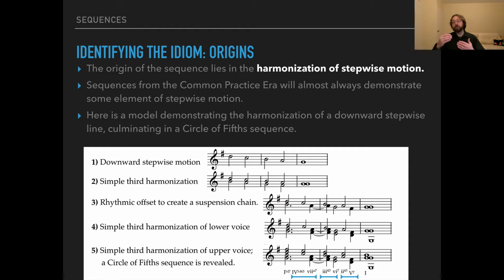Now, let's take those two lines that we've created and we'll slowly harmonize those. First, harmonizing the lower voice with thirds. We seem to start having a stronger sense of harmonic motion there. And we can harmonize the upper lines with thirds as well. There, a sequence is revealed.